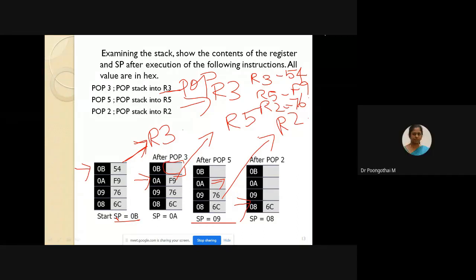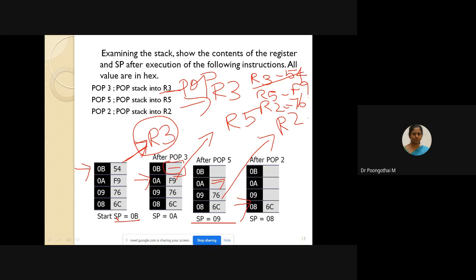Yes, ma'am. Initially it's pointing 0B according to your instruction. The top of the stack is 0B, and the content is 54. After execution of POP3, this 54 is popped into R3, and it will decrement the pointer value, pointing 0A.